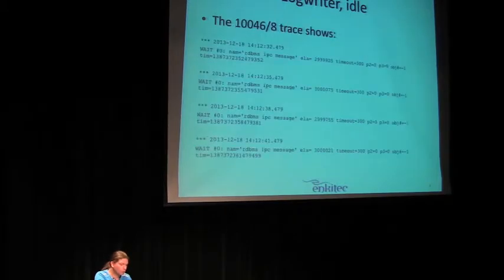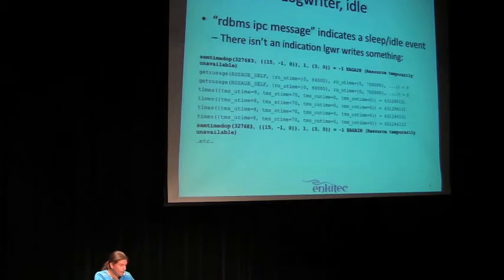If you put a SQL Trace on the log writer, this is what you typically will see on an idle database. It's the wait event rdbms ipc message, and it will show an elapsed time of around 3 seconds. rdbms ipc message is truly an idle wait.